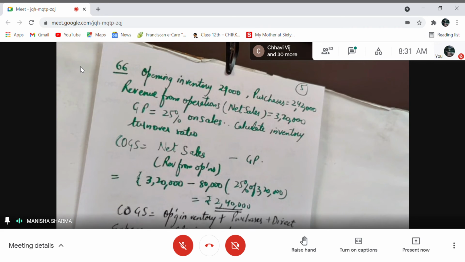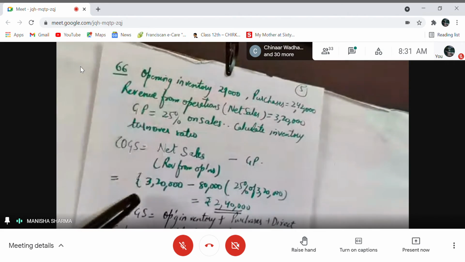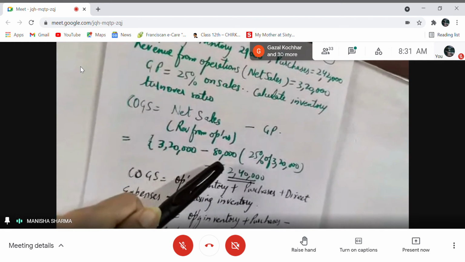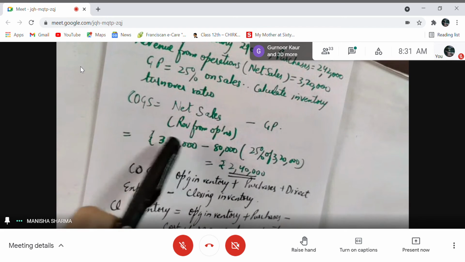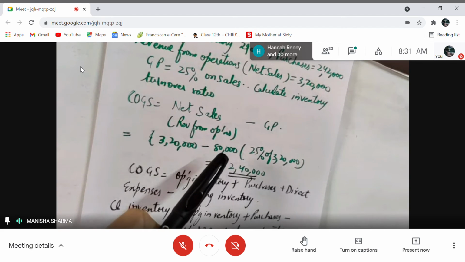So revenue from operations is given as 3,20,000, minus GP, 25% of 3,20,000, which is 80,000. If I subtract it from net sales, I get COGS equal to 2,40,000, right?